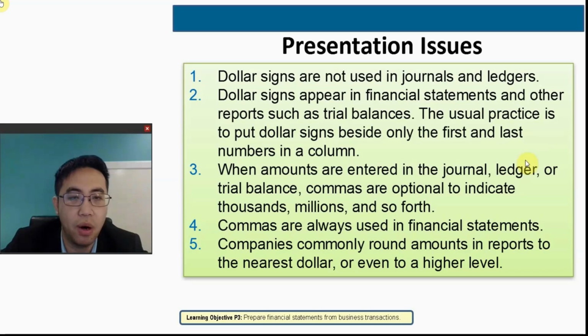You have to use a uniform standard for all the numbers. And you need to put commas in the right place. So for every 1,000, you put a comma. And you should remember that commas are always used in the financial statements. And also there are some rounding issues. Do you round to the nearest dollar or even to a higher level?